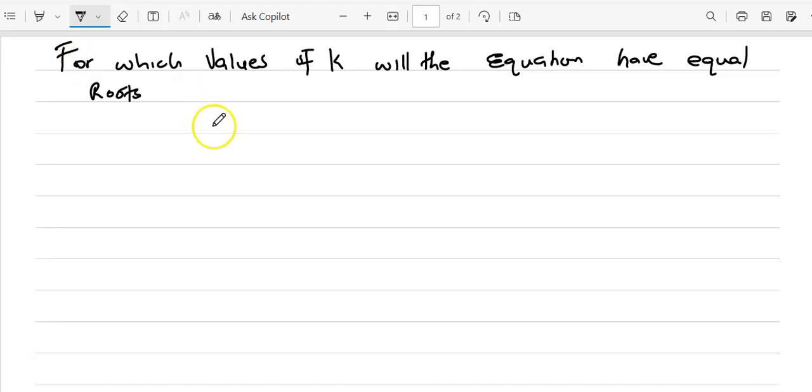Remember that the discriminant can be used to calculate the unknown value of k.